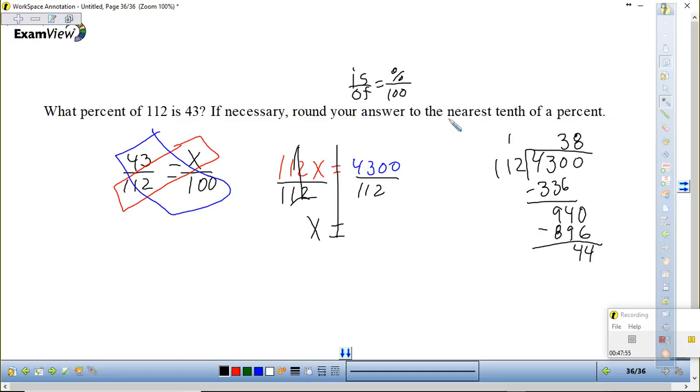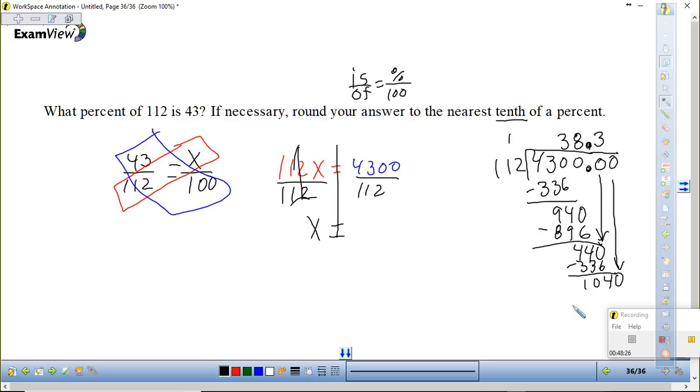That leaves us with 44. But they want us to round it to the nearest tenth. That means we need to add a decimal and a 0. Bring the decimal up here. All right, how many times does 112 fit into 440? 3. So that's 336. Subtract. That leaves us with 104. Add another 0.